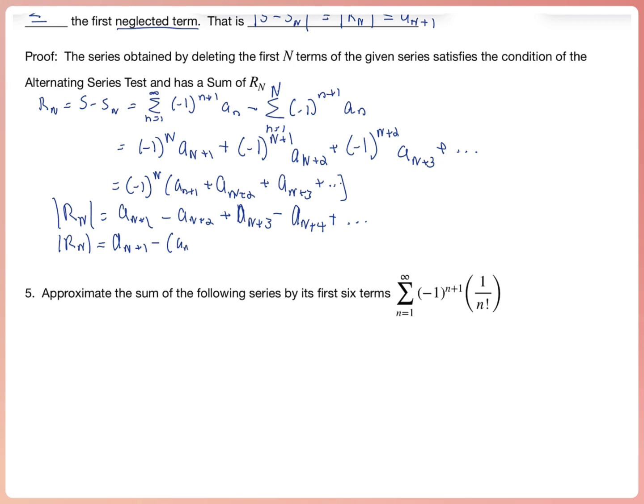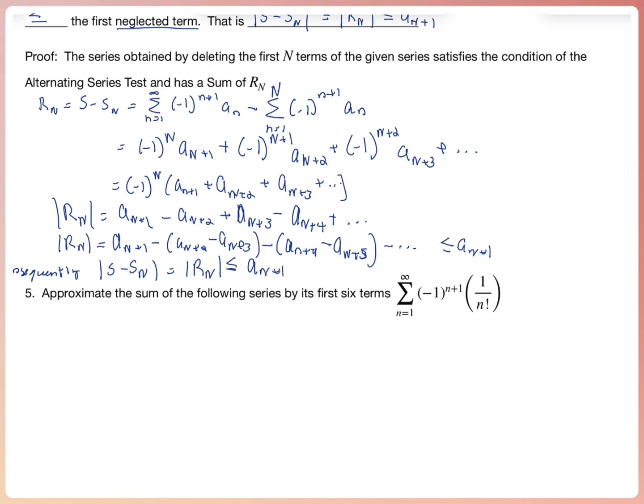So we have a sub n plus 1 minus a sub n plus 2 minus the n plus 3 term minus a sub n plus 4 minus the a sub n plus 5 term minus and so on. If we factor out a negative, this has to be less than or equal to our a sub n plus 1 term. Consequently, we can show that the absolute value of our sum minus our partial sum is equal to our remainder at the nth term, which is less than or equal to our a sub n plus 1 term.